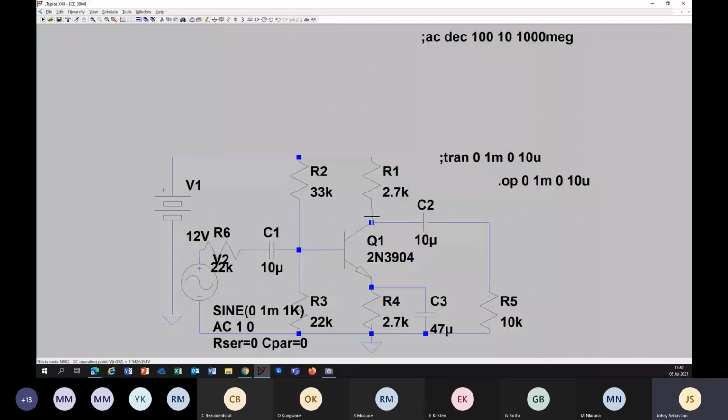Okay, collector current will be same as current through R1, 1.5 milliampere. Now you can see current through the base, 4.8 microampere. That is current through emitter, 1.5075. The collector current is 1.5027, slightly less than the emitter current.